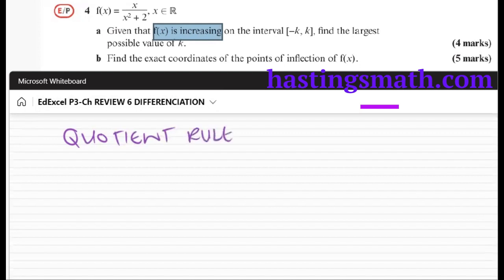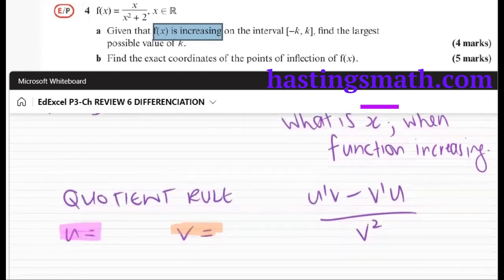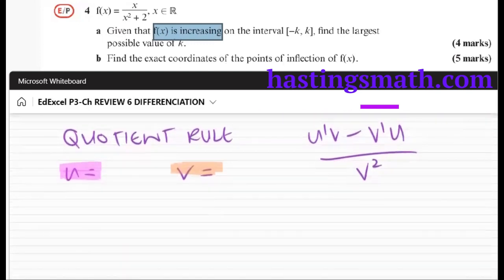So, the quotient rule is u dash v minus v dash u over v squared, where u and v are parts of the function. U is the numerator, so our u in this case would be x, and our v would be x squared plus 2.